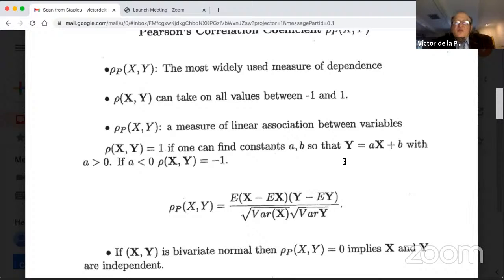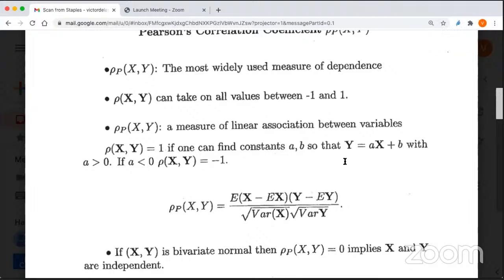If the correlation coefficient is equal to 0, will that always imply independence? If you have two variables which have a 0 correlation, does that mean that they are independent in general? The answer is no.